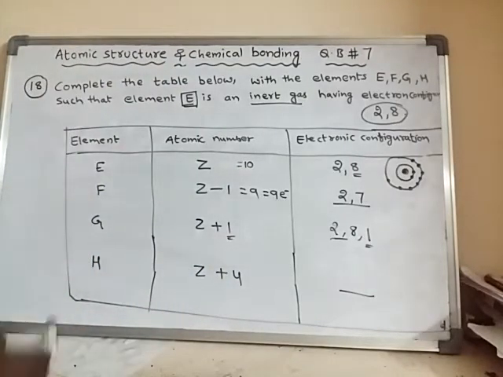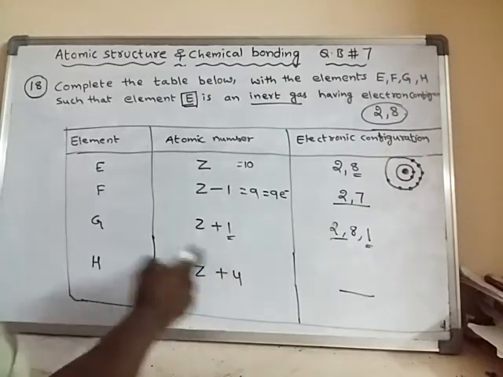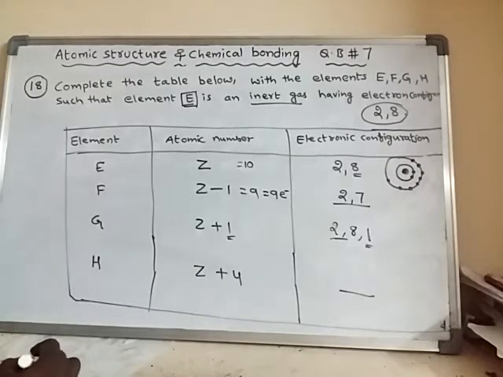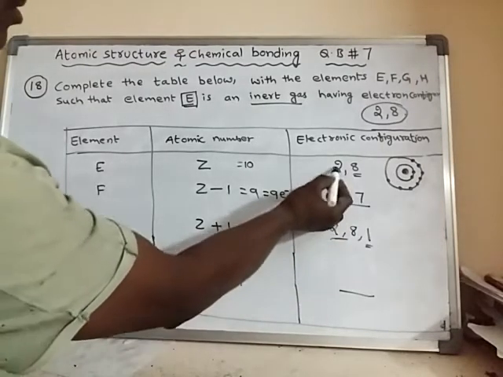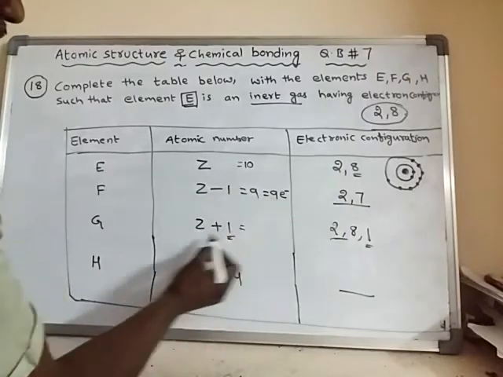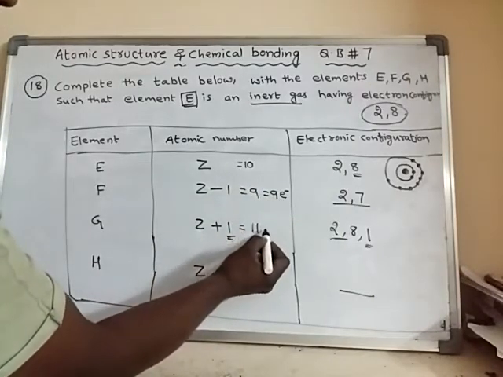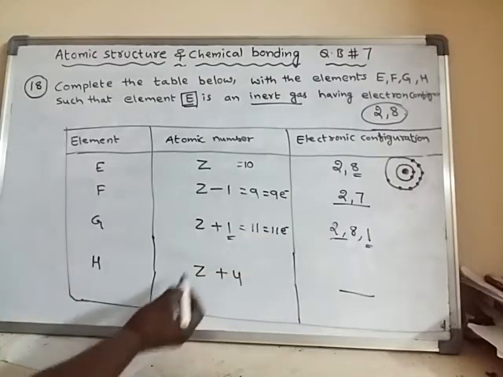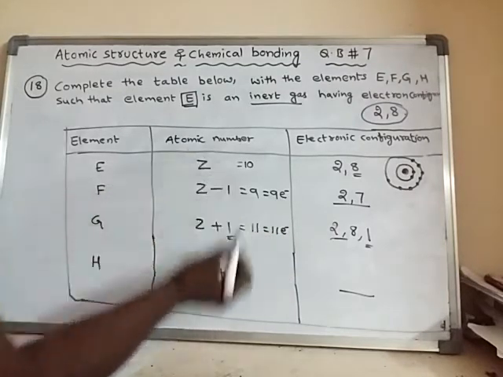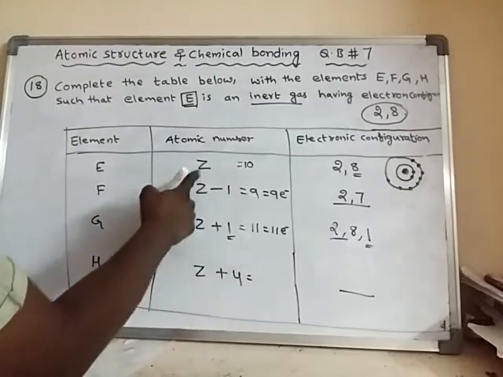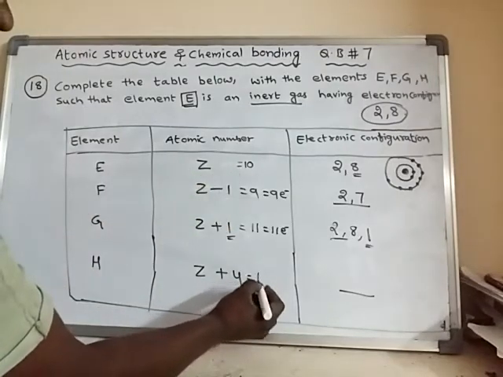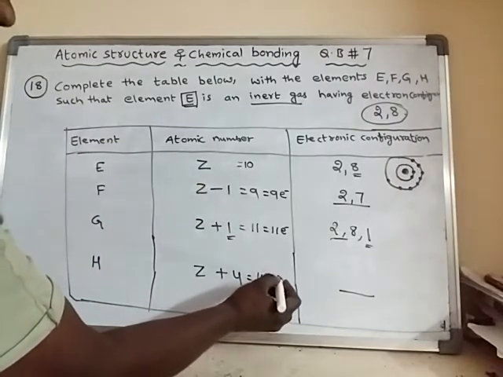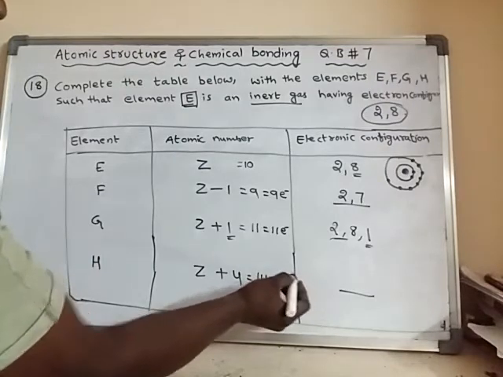Now H, Z plus 4. So Z is how much? 2, 8. So here how many electrons are there? 11 electrons are there. Atomic number will be 11. So atomic number here will be 10 plus 4, equal to 14. So that means it contains 14 electrons.